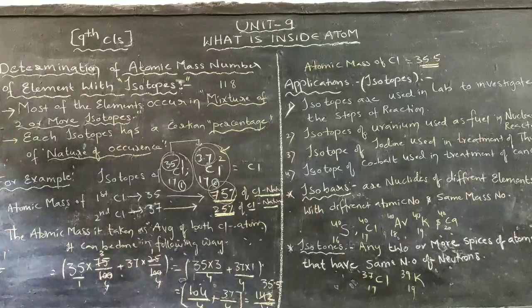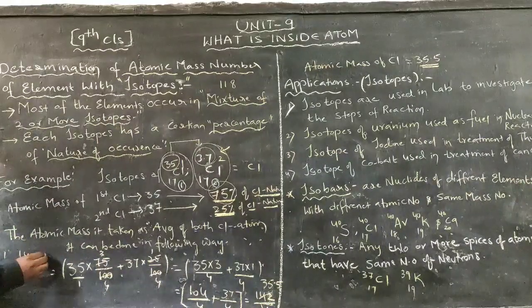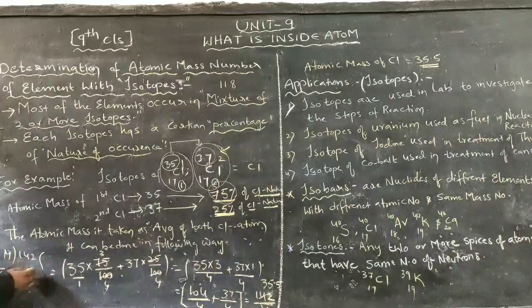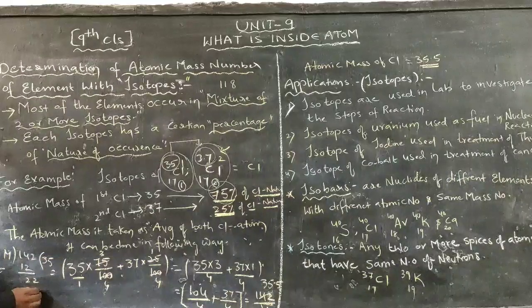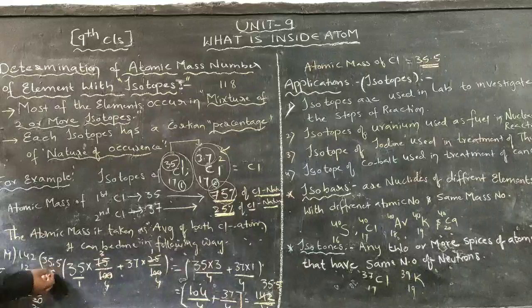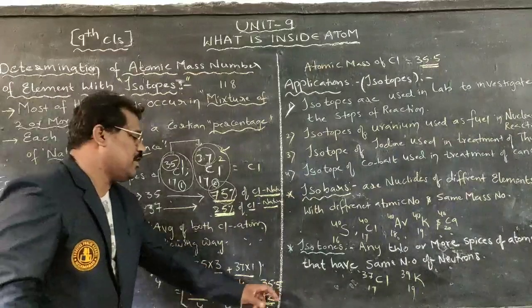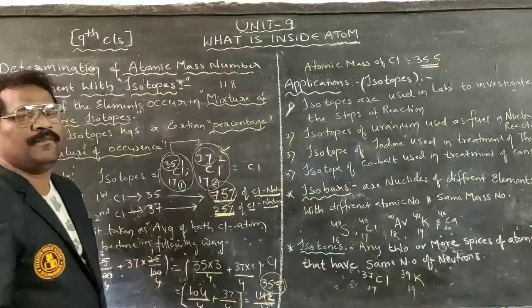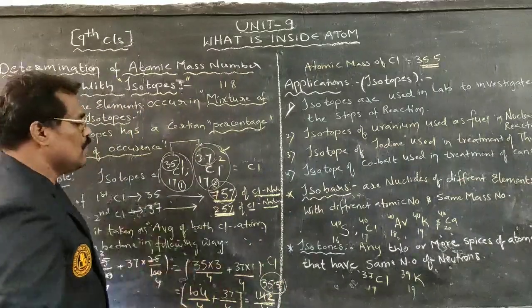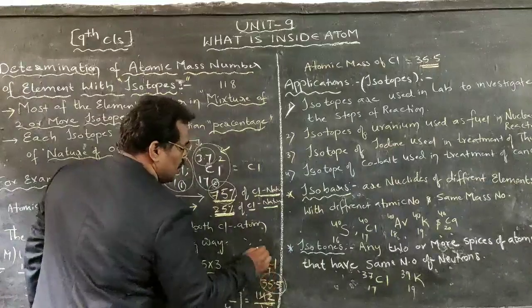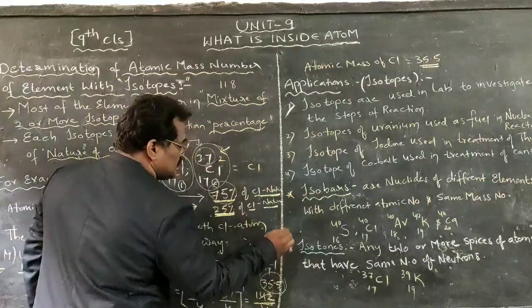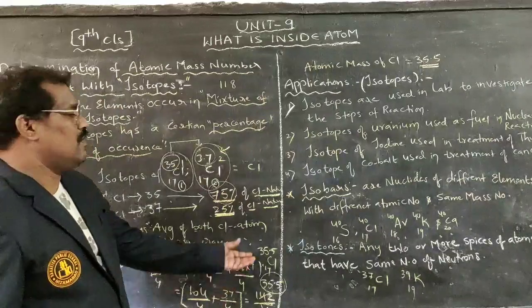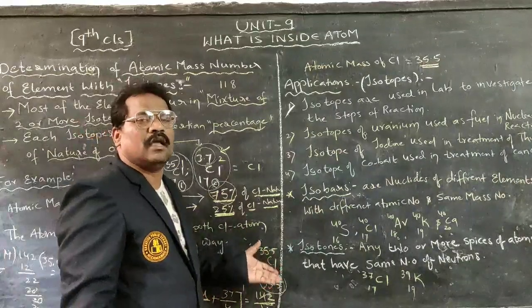Whose value, if I calculate, 142 divided by 4, is 35.5. This is the actual atomic mass of chlorine, whose atomic number is 17, and the mass number is given as 35.5 for that particular element.